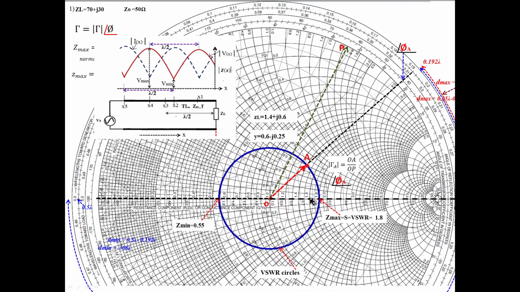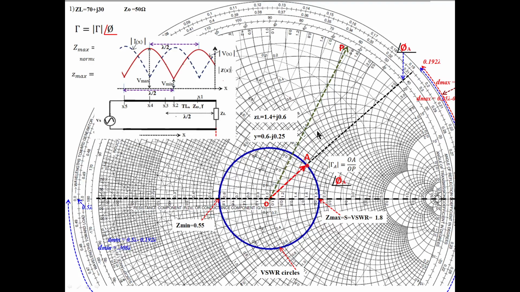Then, to measure the distance: we moved like this and stopped here. What is the distance from here to here? That you can find from this Smith chart easily. From the center of the chart, draw a line passing through the load point to intersect the wavelength scale. There is a wavelength scale towards the generator. This upper scale, whatever the reading is there, is the wavelength scale towards the generator.